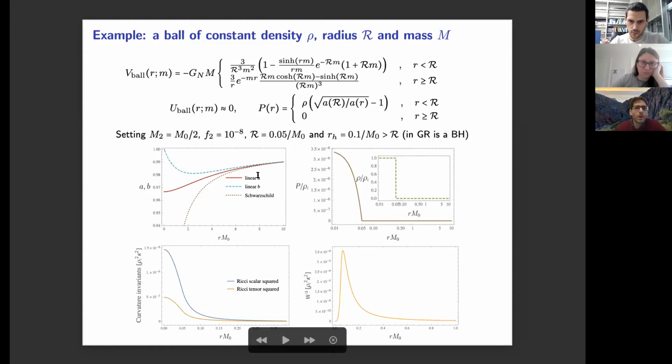For example, the first plot on the left, upper left, shows you that A and B are different from the Schwarzschild solution. The second plot, upper right, shows you that the pressure and density are positive. And the plots on the bottom show you that the curvature invariants, including the Weyl-squared term, are finite even at the origin.